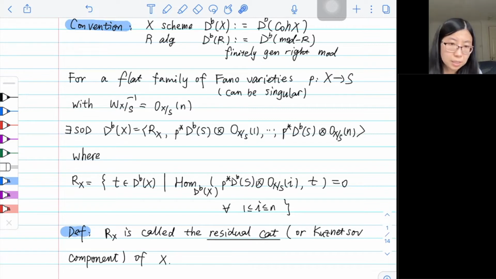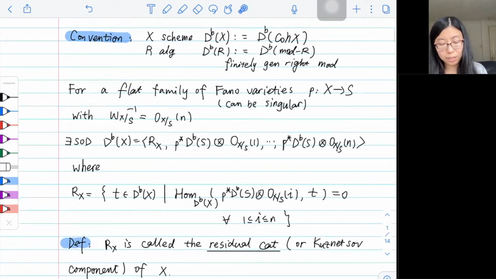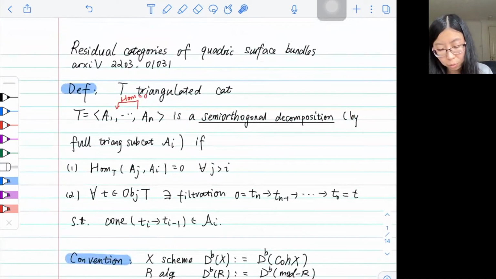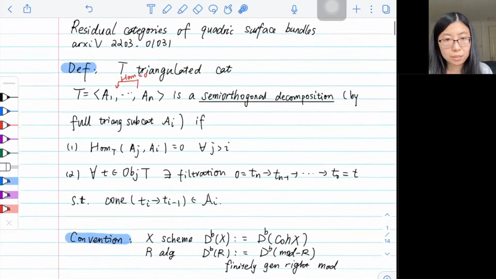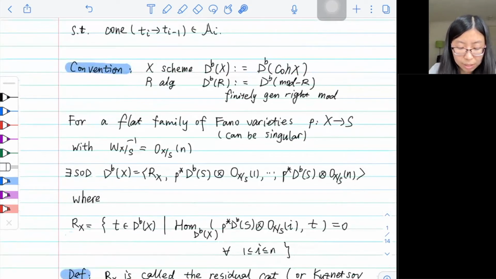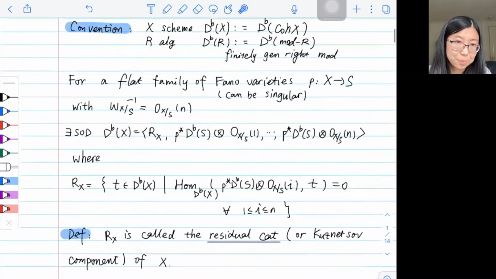You can think of this as a refined invariant of the scheme. If we can have a nice description of it, then we can understand the scheme in a more efficient way. In this talk, as the title suggests, I will focus on quadric surface bundles, and the goal is to describe the residual category in a very nice way in this case.